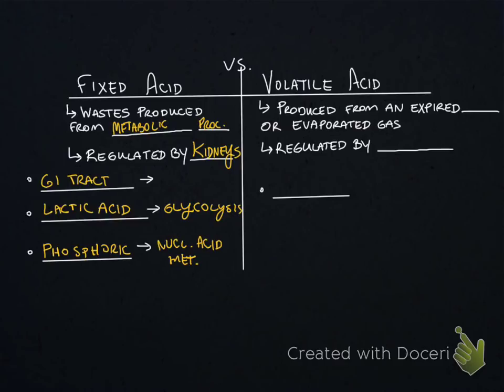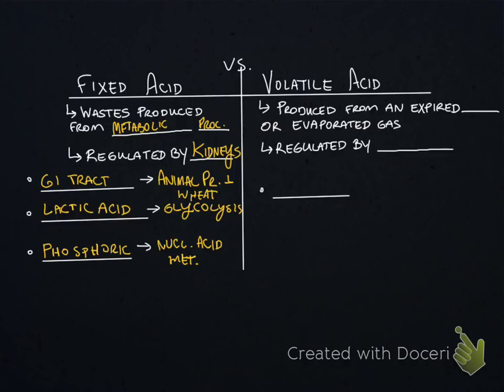And we just talked about one. Keto acids, that is metabolism of what? Fats. Yeah, so keto acids, that's a type of fixed acid, and it's made from metabolism of fats. Okay? So this was, sorry, animal proteins. And I think wheat. Okay, so those are controlled by the kidney, reabsorption of bicarbonate and hydrogen ions.